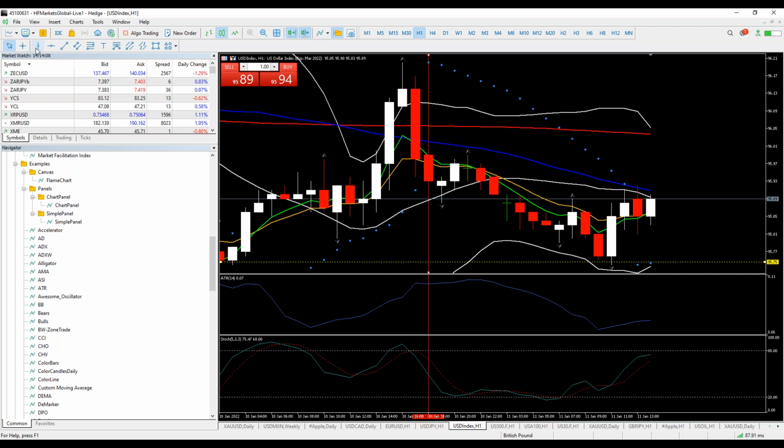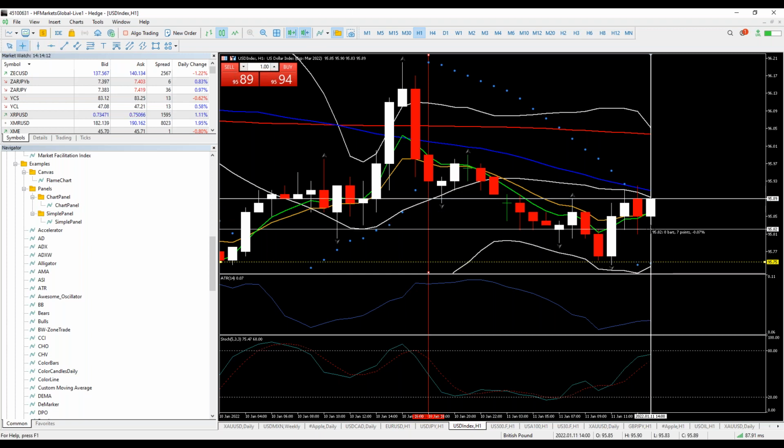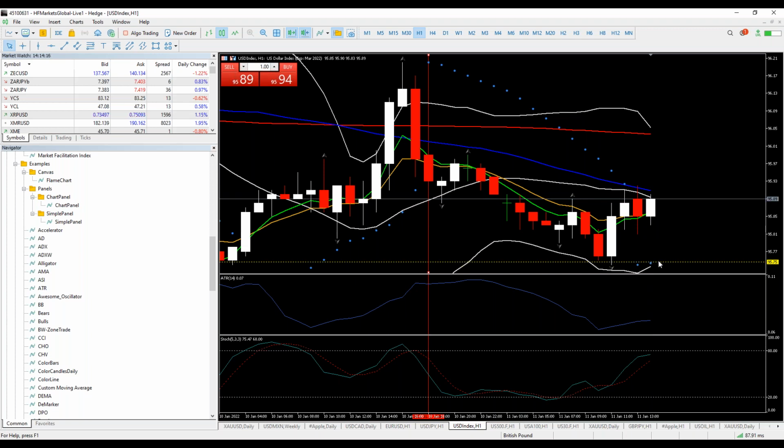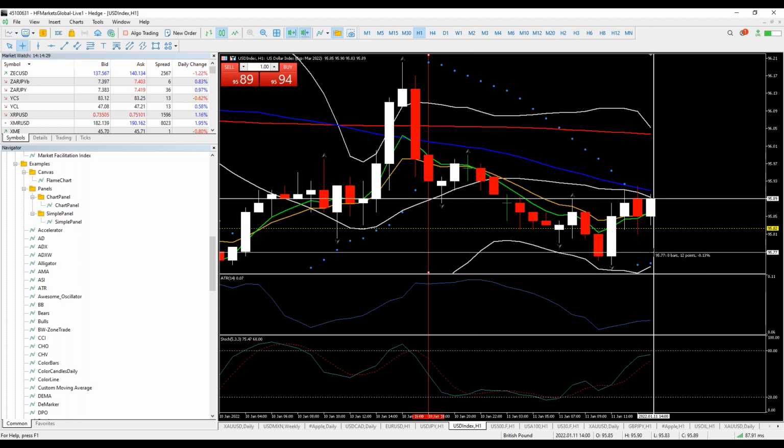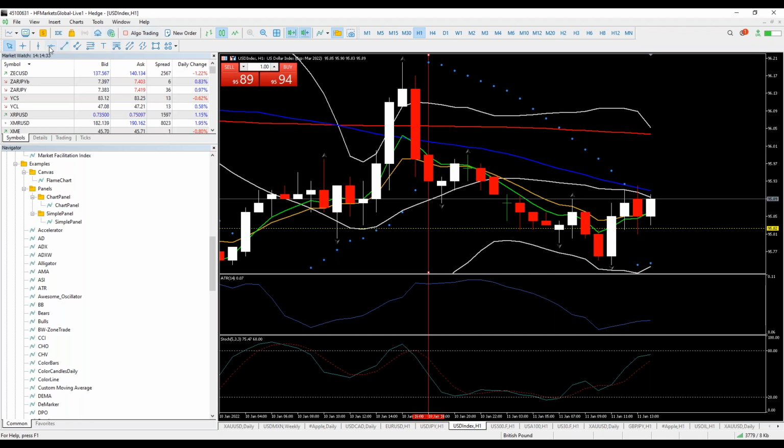The full of it is 7 pips, so your stop loss should be somewhere around here if you use the full of it, or if you use a multiple of it, because we're in a very short time frame. 7 multiplied by 2 is 14 pips. So 14 pips should be somewhere here, very close to our parabolic SAR.